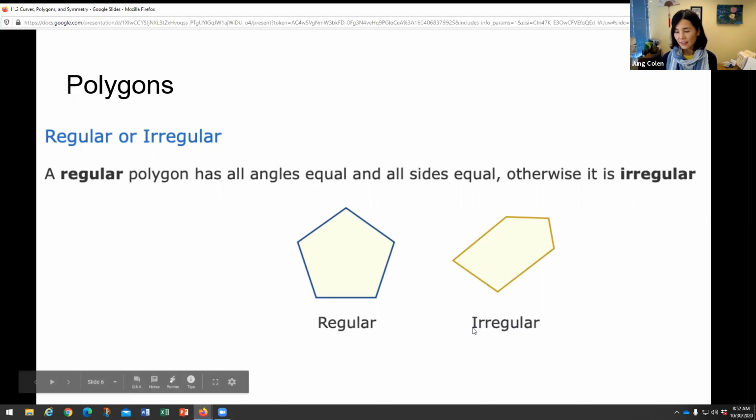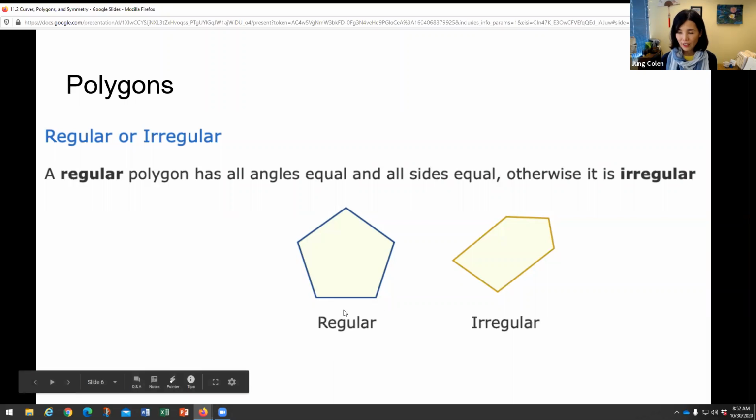A regular polygon is like this. When you see that the lengths of the edges are all equal, we call that equilateral. Also, the angles are congruent. All of these 5 angles are congruent, so equiangular.